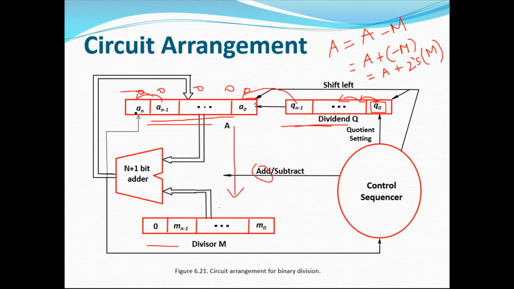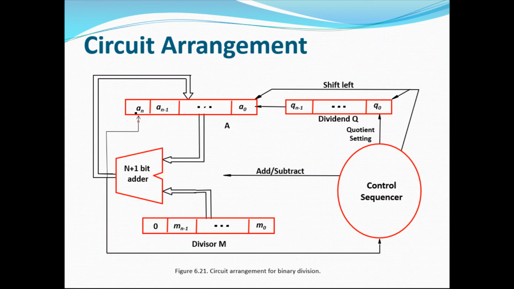So the steps are: first left shift the content of A and Q, and then subtract M from A. For subtracting, we actually add the 2's complement version of M with A and store the result in A. After storing the result in A, check the most significant bit of A. This represents the sign of the number.